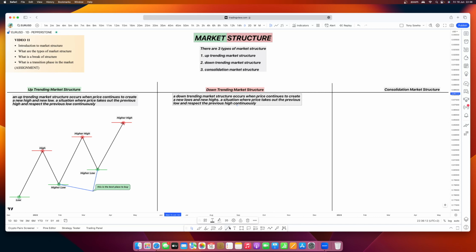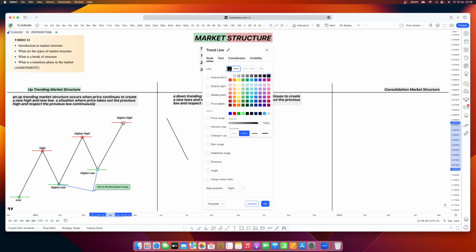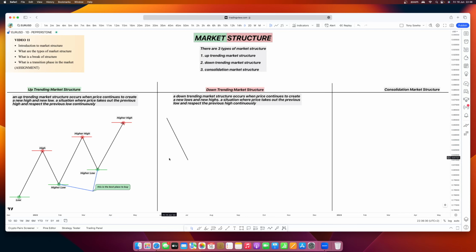So now we have a high, and then price goes ahead to give us a low. Let's make this black. Okay, yes, that's it. So now what do we have here? We have a high and we have a low. So let me just copy this.